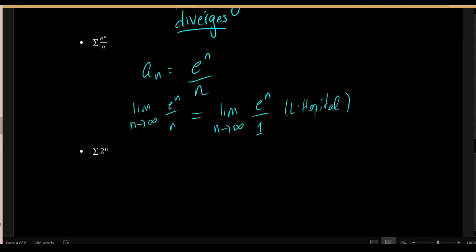But because e to the n is growing without any limit, this entire quantity is growing without limit. So, this sequence of terms diverges to infinity in this case, which means the divergence test is unlocked. And by the divergence test part 1, we know that the series must diverge.